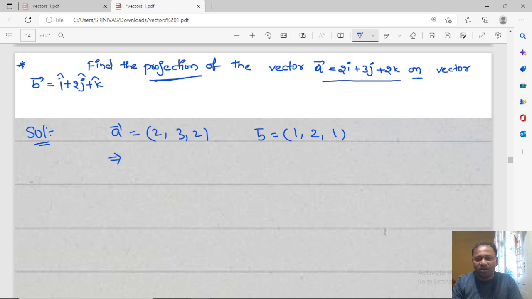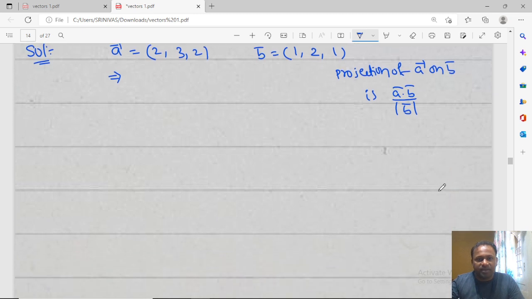We have the formula. What is that? Projection of a bar on b bar is a bar dot b bar divided by mod b bar. Okay? So this is the formula. So here, first of all, we need to find a bar dot b bar, which is the dot product.